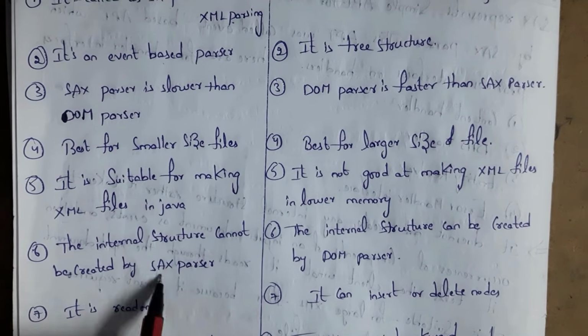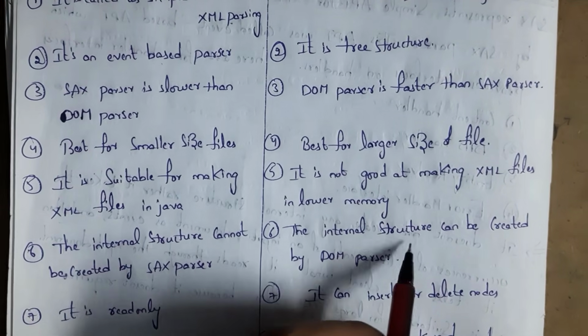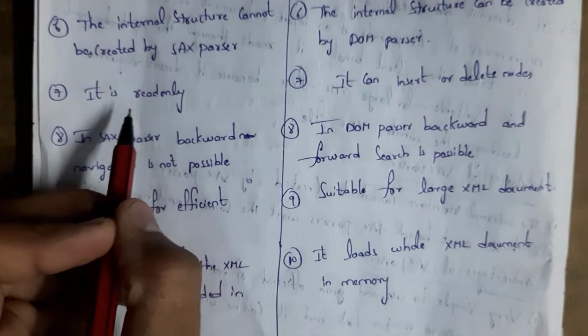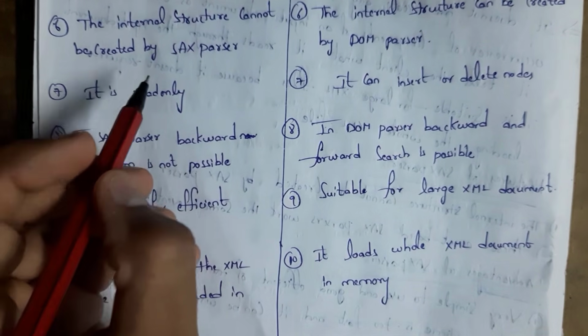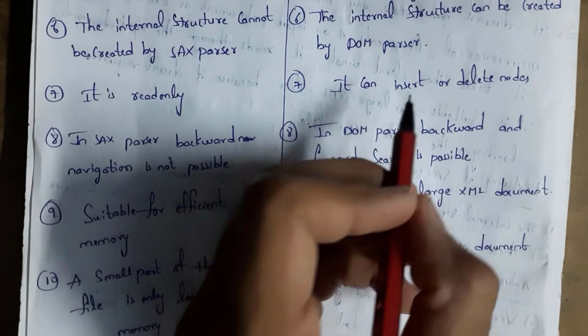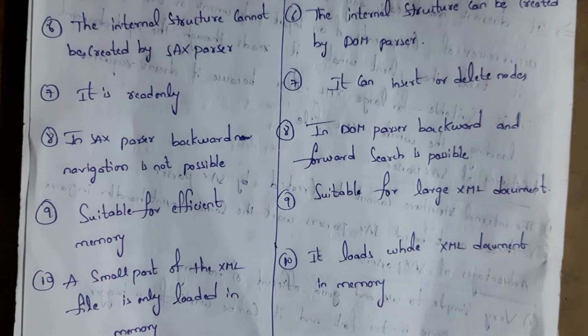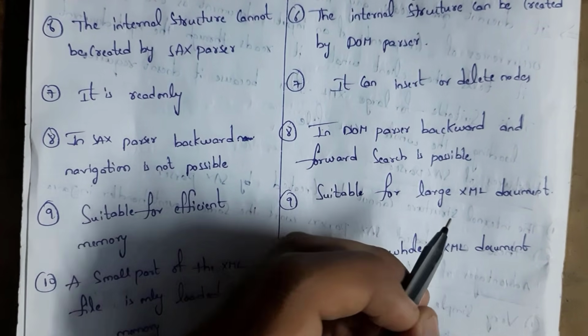By using SAX parser, we cannot create an internal structure, but in DOM we can create an internal structure. SAX parser is read only, that means we cannot perform any operation, we can only read. Whereas in DOM parser we can insert new nodes and we can also delete nodes.